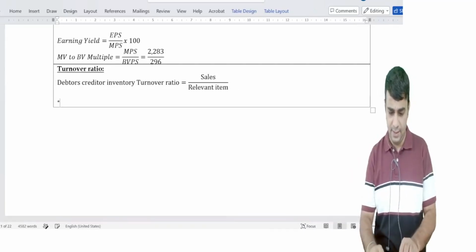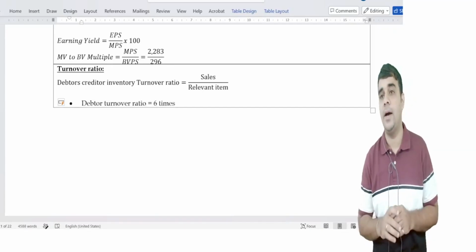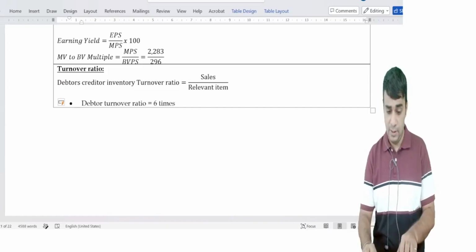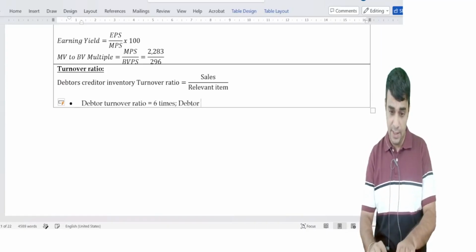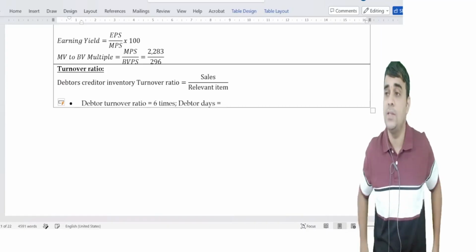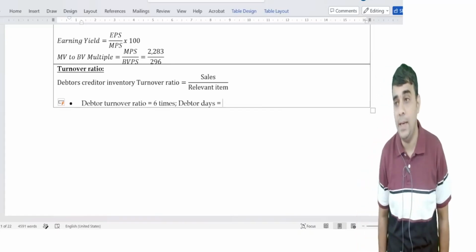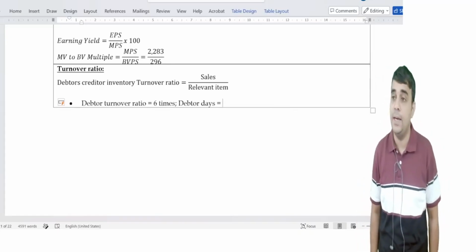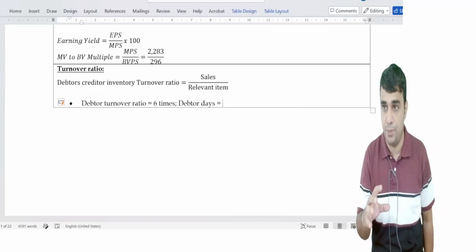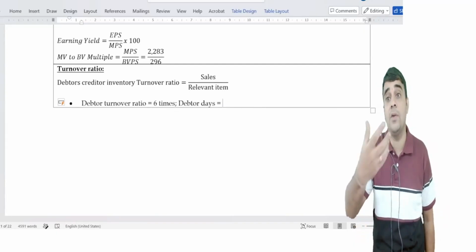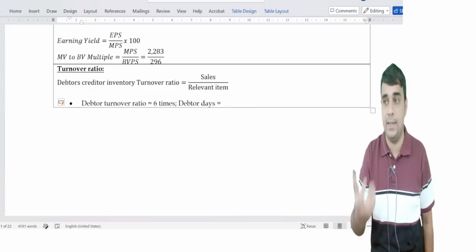I calculated debtor turnover ratio 6 times. Variant of this is called debtor days. How many times we are rotating the money is called debtor turnover ratio. In how many days we are collecting the money is called debtor days.